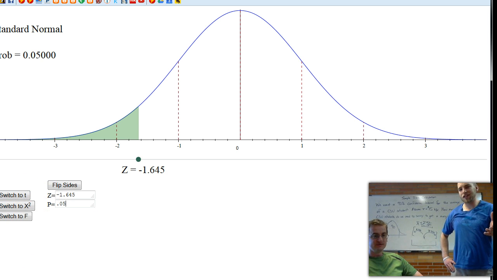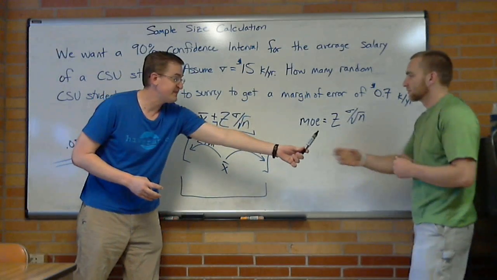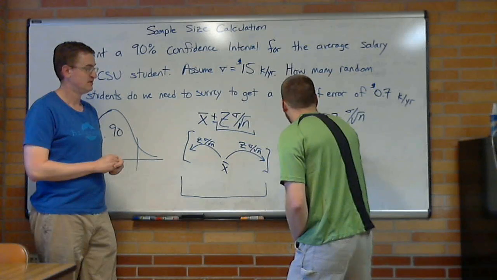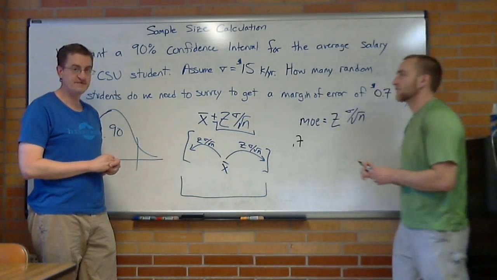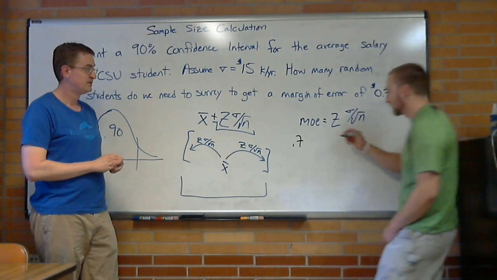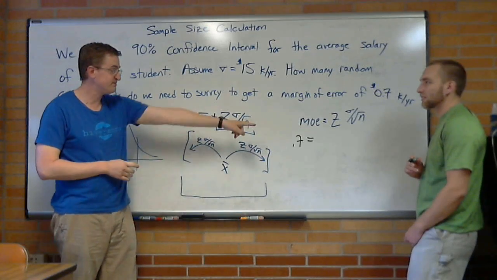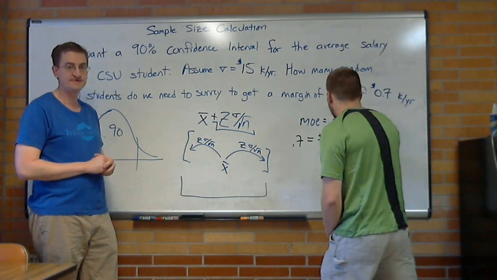Now, do I use the negative? What is it, negative or positive? That is an excellent question. Let's try both. So, for margin of error, why don't you fill in the value that we want our margin of error to be? So I want the margin of error to be 0.7. Go ahead and put a plus or minus for that 1.645.